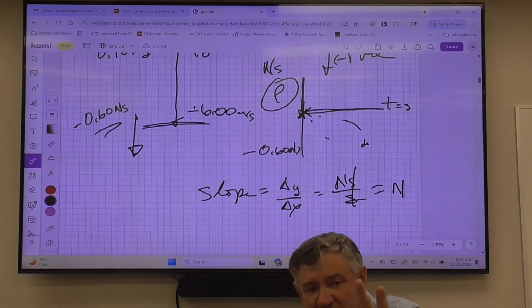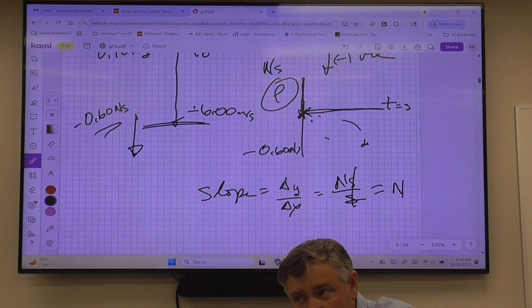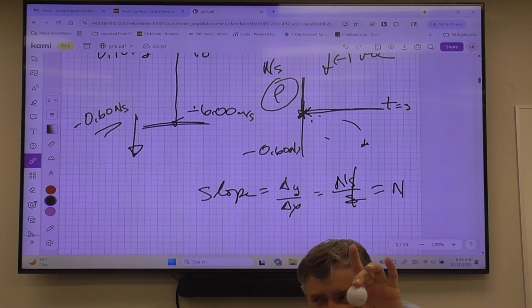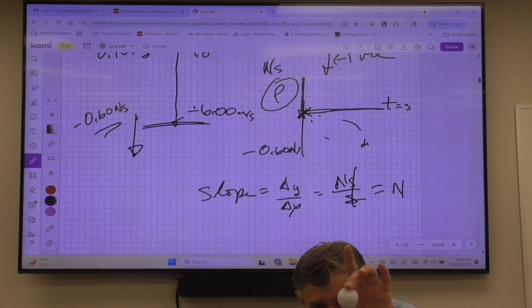Now, but this is subtle. Does the slope represent force or net force? Net force. Why? Because it's the total force. Well, look at it this way. If I just hold the golf ball, are forces acting on the golf ball?